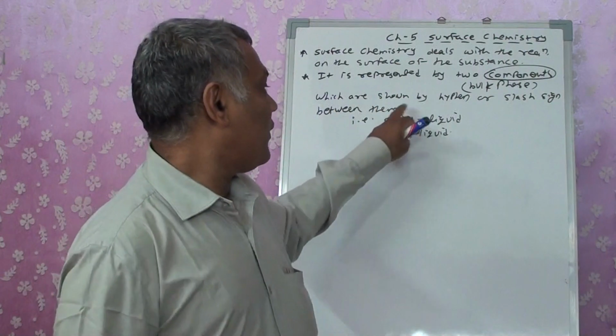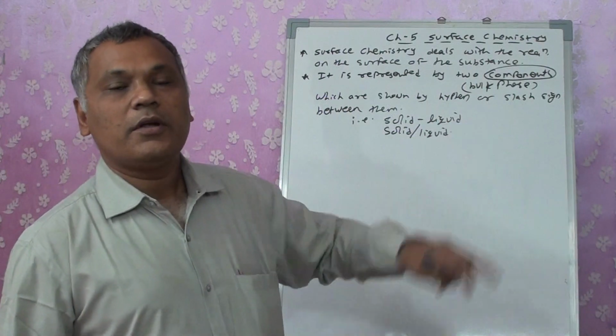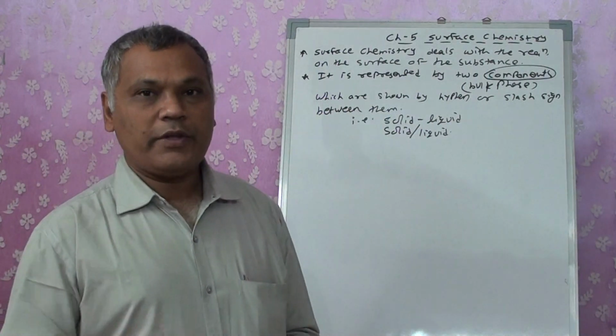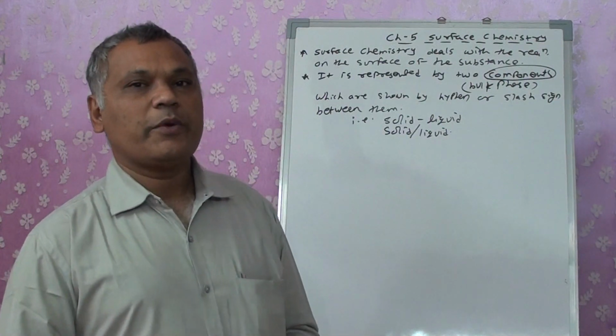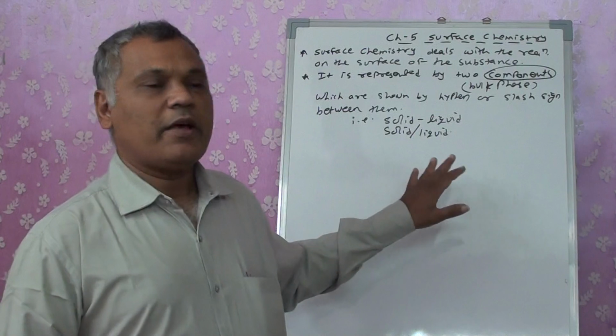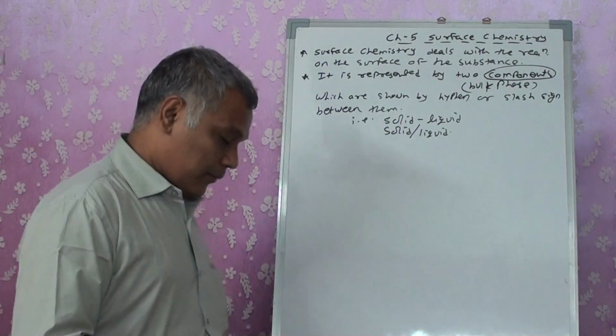So one is a fixed solid, and another one may be in the liquid or gaseous state. So whatever surface chemistry reactions we come across, the majority will be solid-liquid or solid-gas, right?